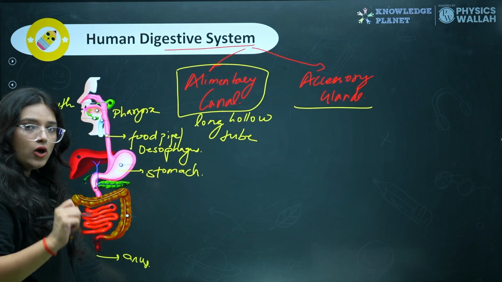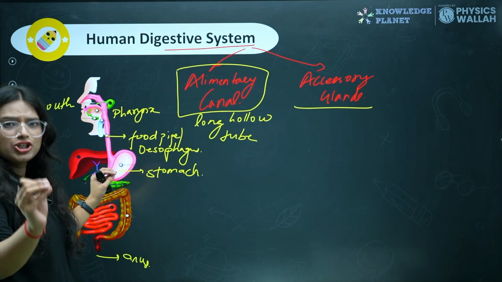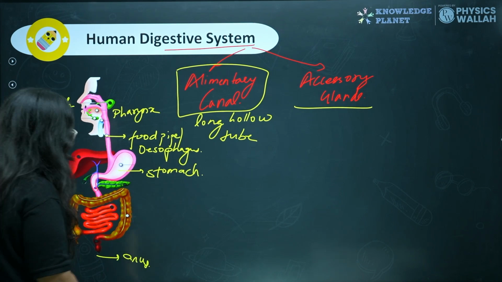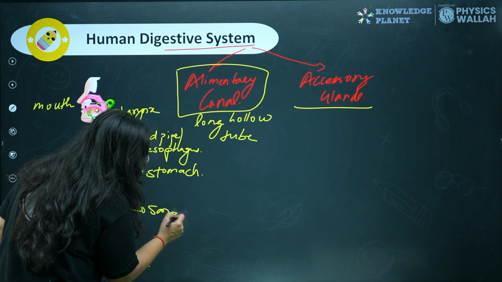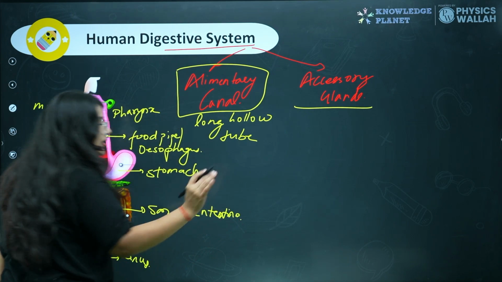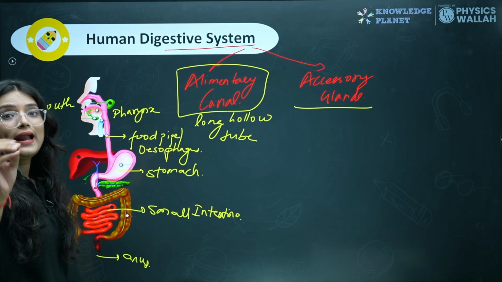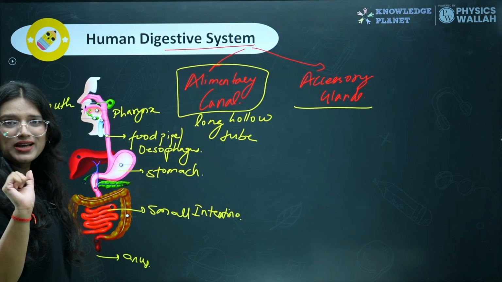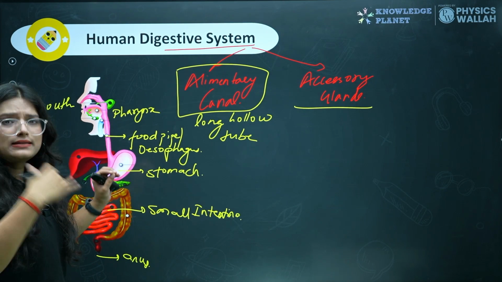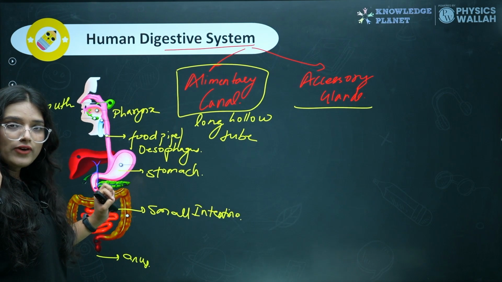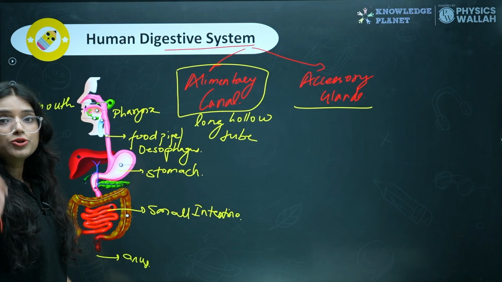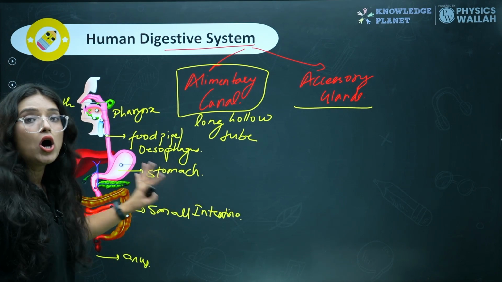Here a little bit of digestion takes place, and then the food enters the small intestine. The name is only small, but it is actually the longest part of the alimentary canal. Interesting, isn't it? Here the maximum digestion occurs, and the maximum absorption of food. You can say all the absorption of food takes place in the small intestine.